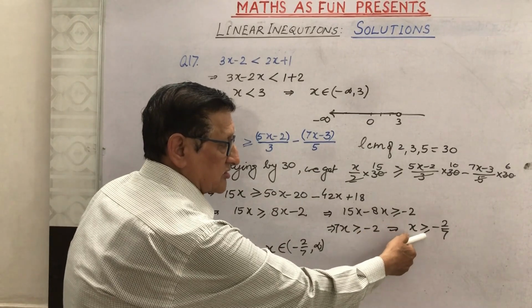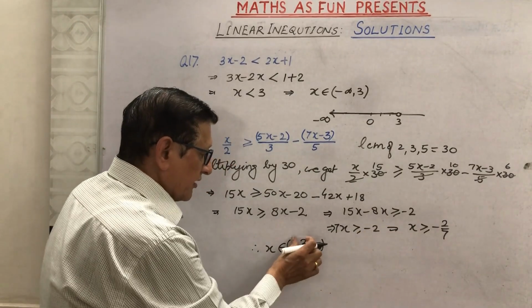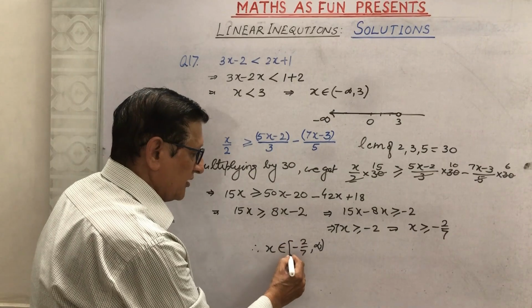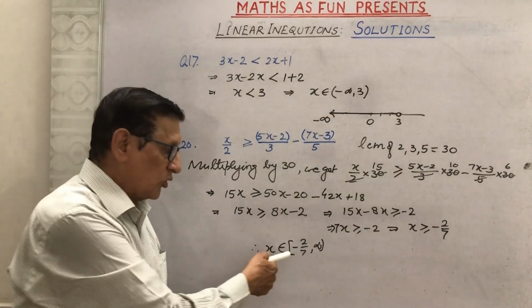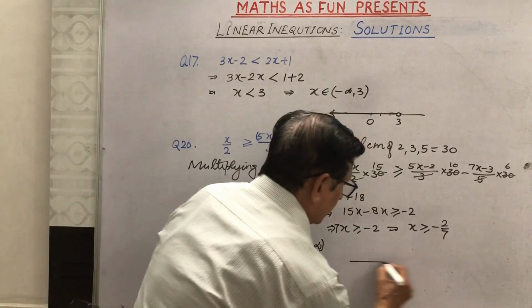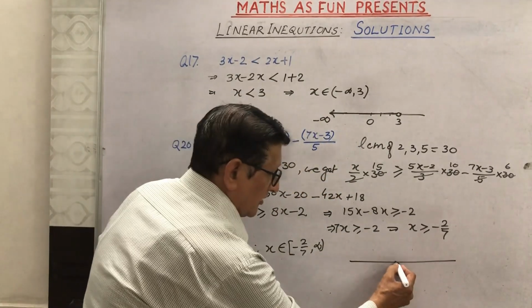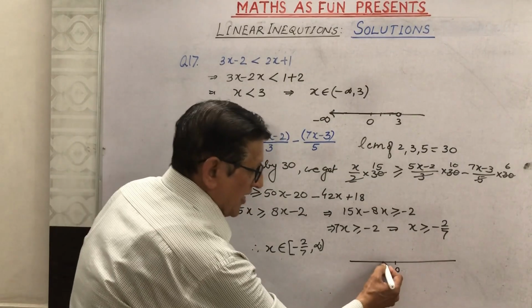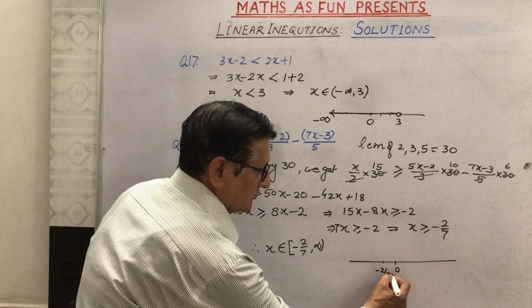But here you see this is closed. So here minus 2 by 7 will be with the square bracket, that is closed, and this is open on the infinity side. To represent this on the number line, we can draw the number line here, mark with 0, mark here minus 2 by 7.